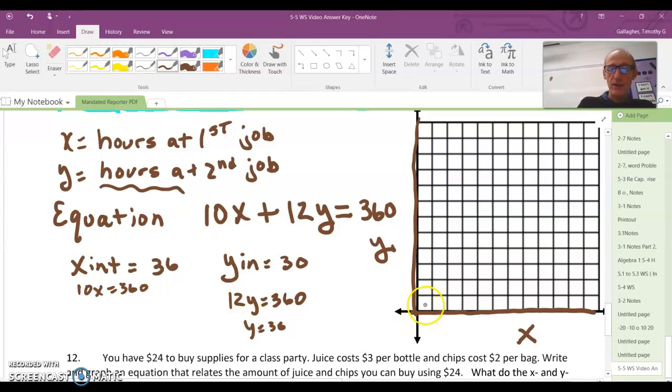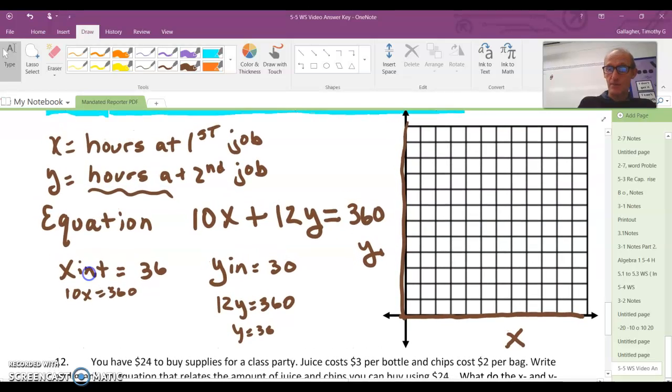Now, we can't count up by 30, so we're going to count up by 5s. So we got 5, 10, 15, 20, 25, 30, 35, 40. So this is 35. Okay? So the y-intercept's 30. Okay? And the x-intercept's 36. So right here is 30.